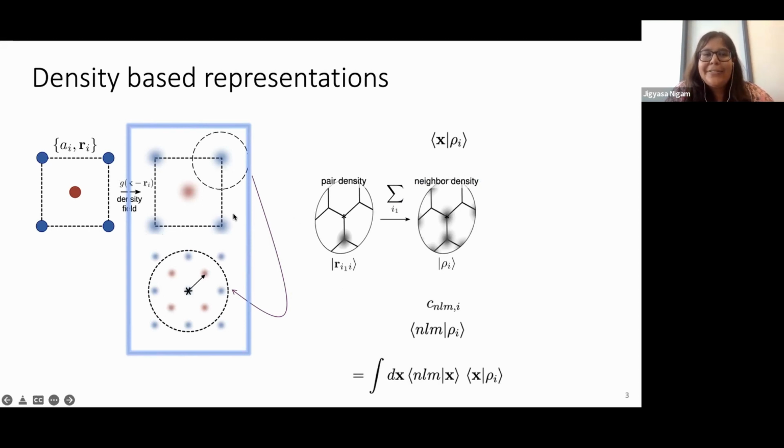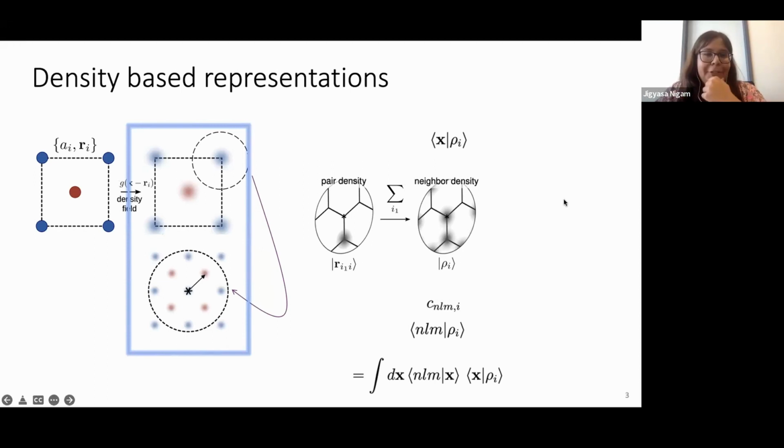And the procedure that I quickly described to you in words entails some sort of mathematical operations that encode this neighbor density with some sort of symmetries. So identifying these relative positions encodes your representation with translational symmetry because you're now working with displacement vectors instead of absolute positions. And then considering the sum incorporates permutation symmetry in your structure.